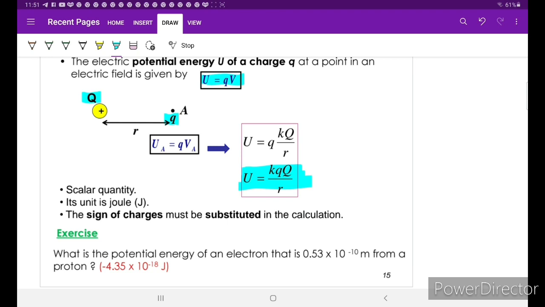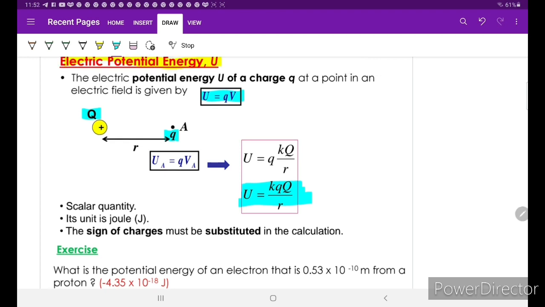Electric potential energy can be calculated by using this formula, which is kQ, with q at point A and capital Q, which is the isolated charge, over the distance between charge capital Q and the charge at point A. This electric potential energy is a scalar quantity and the unit is joule, and the sign of the charge must be substituted in the calculation.